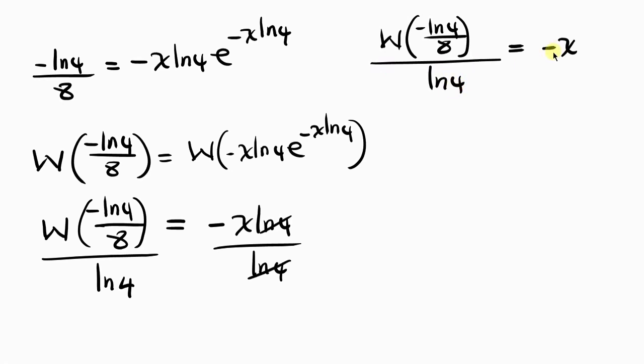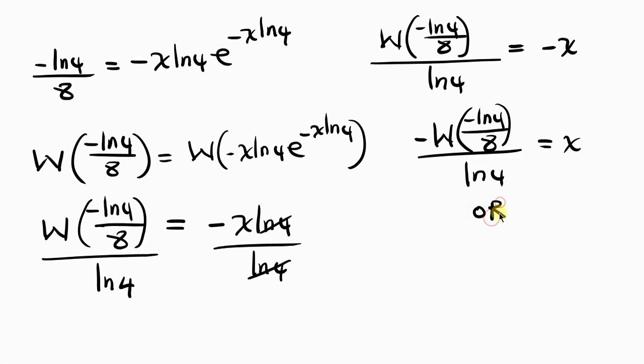In order to get x, we have to multiply both sides by negative. So multiplying both sides by negative, we have negative 1 times the left-hand side, I have negative W times negative ln 4 all over 8 divided by ln 4 equal to x. It is good, I will write the x on the left-hand side because it looks good like that. So x is equal to negative W times negative ln 4 over 8 divided by ln 4.